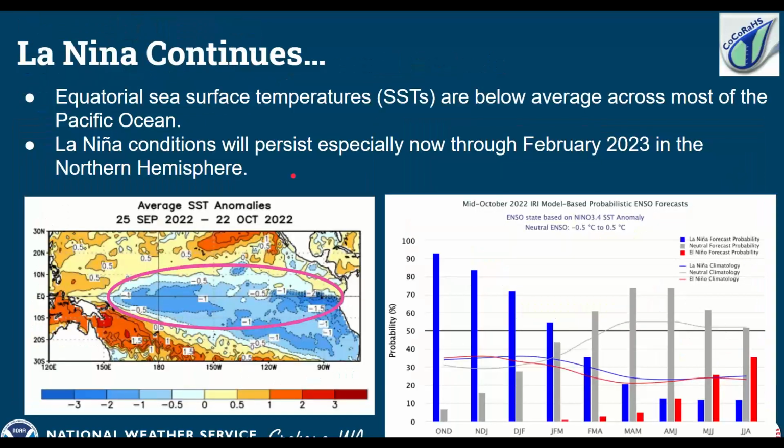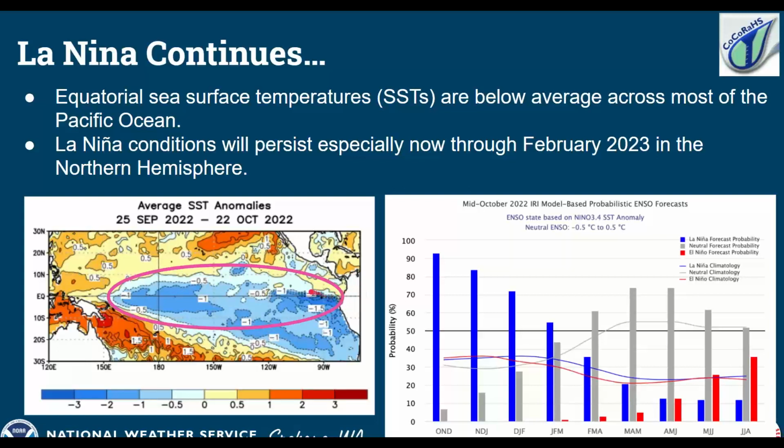And why is that? Well, the pattern we're going to be in for this winter season is La Nina again. Yes, La Nina is still here, and that has to do with the cooler ocean sea surface temperatures that are happening near the equator across the Pacific. And this is the area.